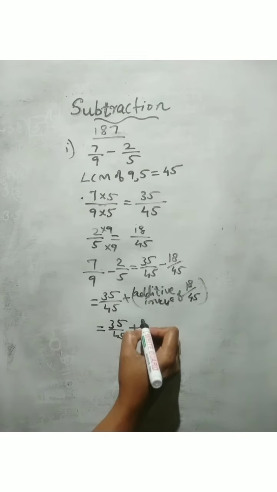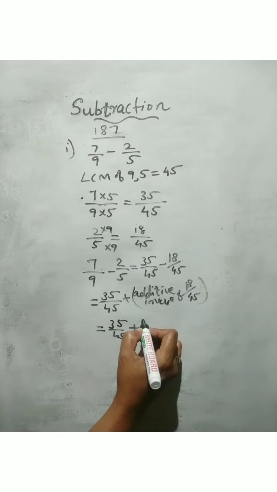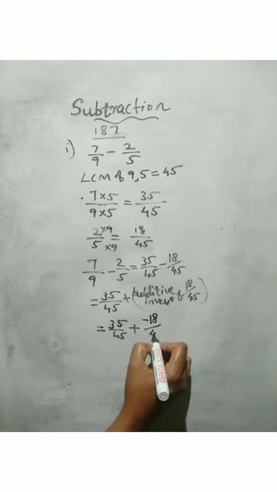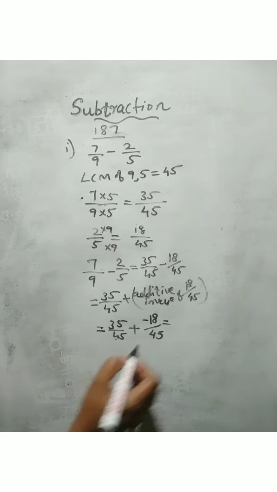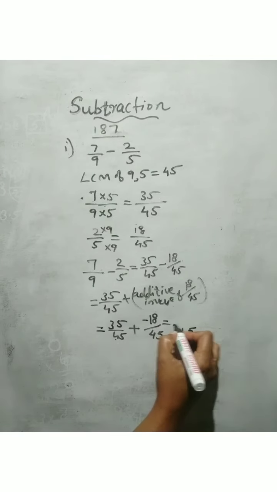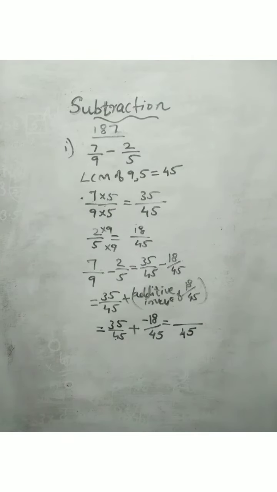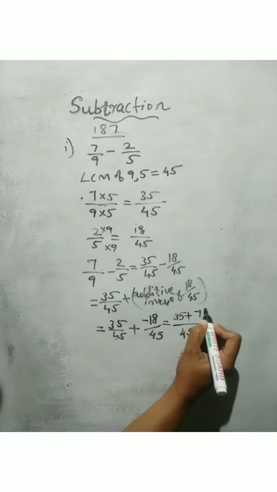Additive inverse of 18 on 45 will be minus 18 on 45. Both the denominators, 45 and 45, are the same, so we write 45 as the denominator. Then 35 plus negative 18.